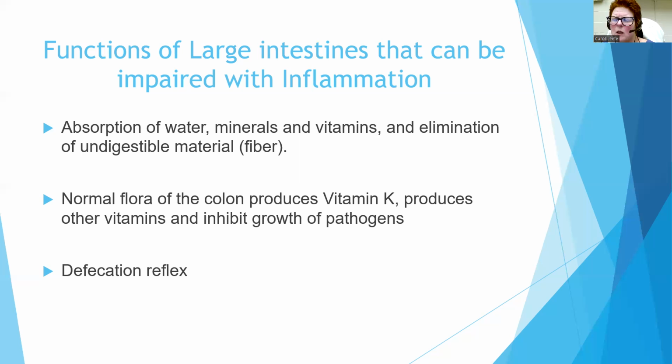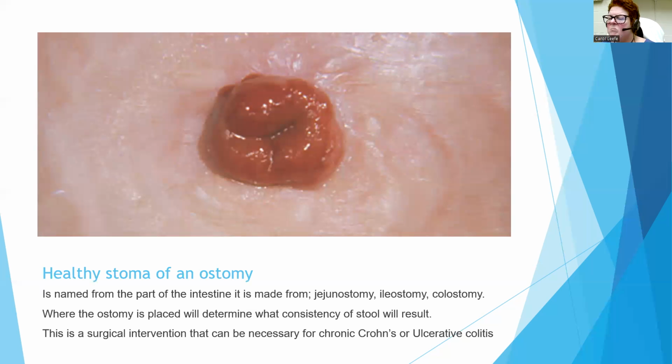And with ulcerative colitis, it's the tenesmus, the sudden urge to defecate, and it causes extreme pain. So all of that is very important, and can be impaired with inflammation.